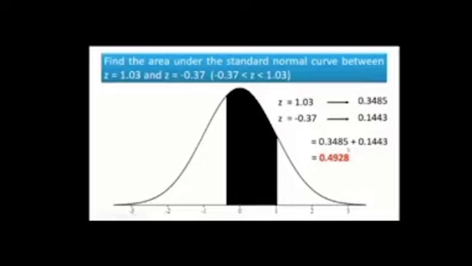Kunin natin 0.3485 plus 0.1443, ang lalabas na sagot ay 0.4928. Ayan, nakikita niyo yung kulay black, yan yung area na sagot, 0.4928.